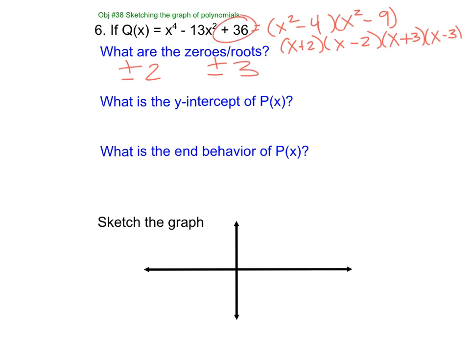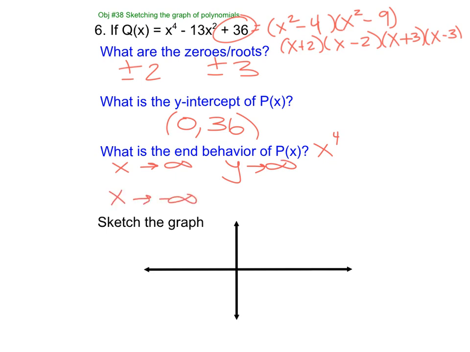Y-intercept is just 36. As x goes to infinity, y goes to x to the fourth, and a positive number to the fourth is a positive number. X goes to negative infinity, and negative infinity to the fourth is a positive number.